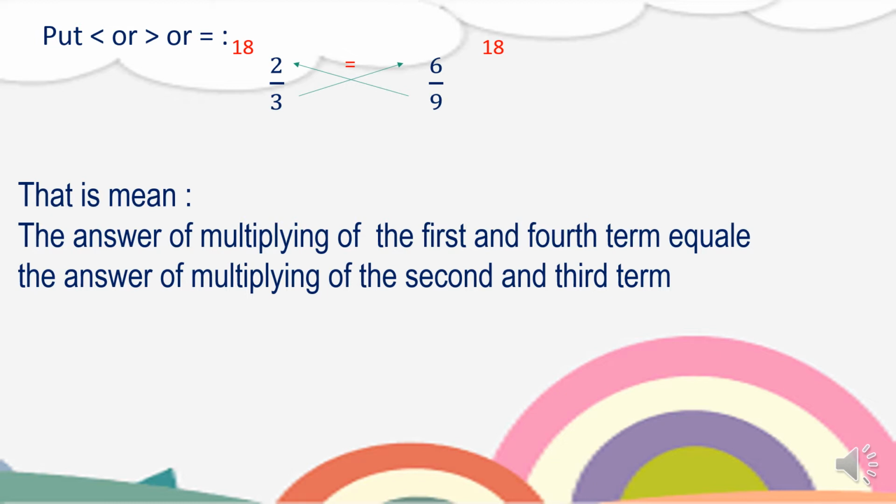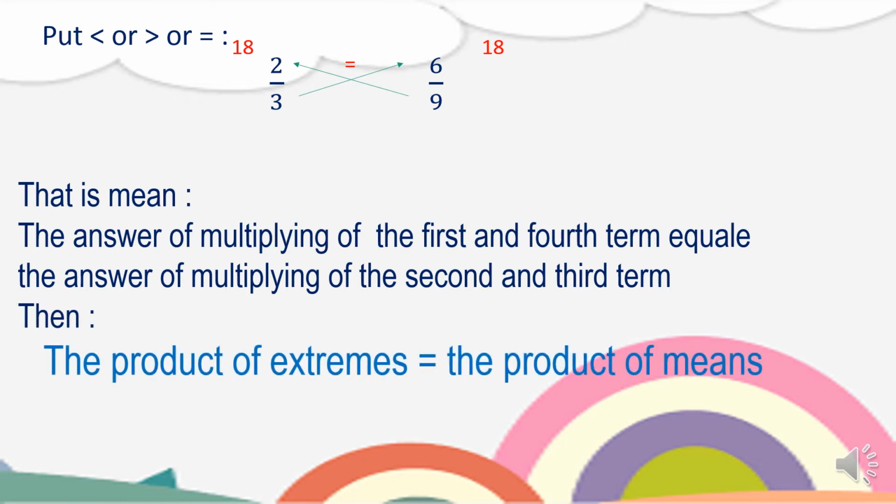Called extremes. So the product of extremes equals the product of means. Product means the answer of multiplying. Extremes means the first and fourth. Means are the second and third terms. So the product of extremes equals the product of means.